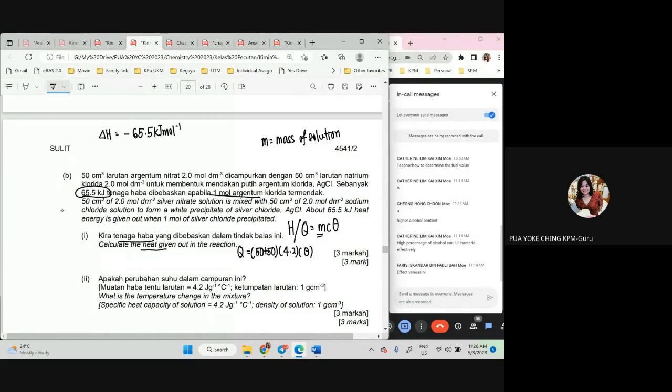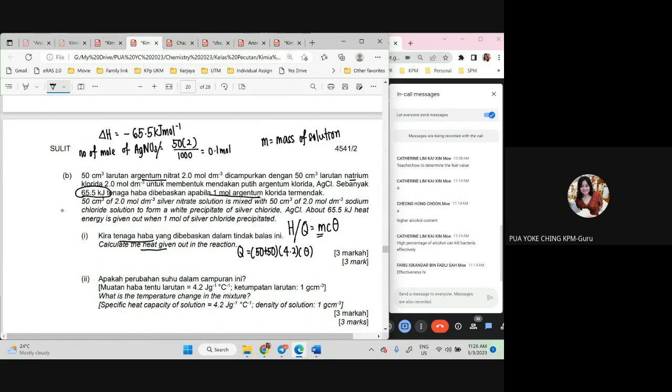negative 65.5 kJ mole minus 1. Tak kisah kira macam mana, then your next step, it will be your number of mole. Number of mole of AgNO3 sama dengan 50 darab 2 bahagi 1000. So you get 0.1 mole. You have two substance, AgNO3, NaCl.